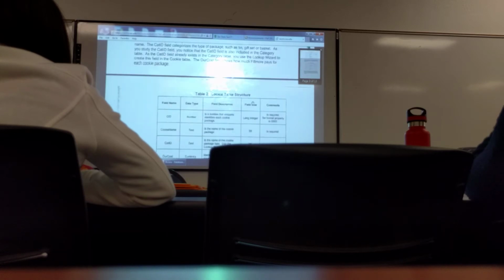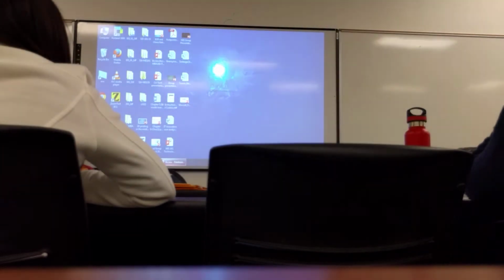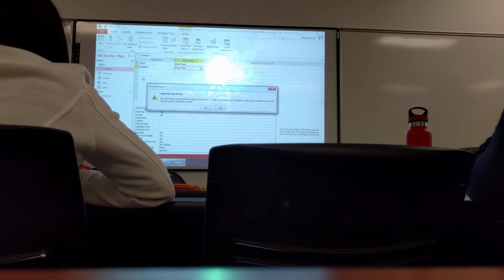The very first category is text and is the primary key, and the other one has only 50. So go there, here, 5. Second one, 50. Both text. Save it.